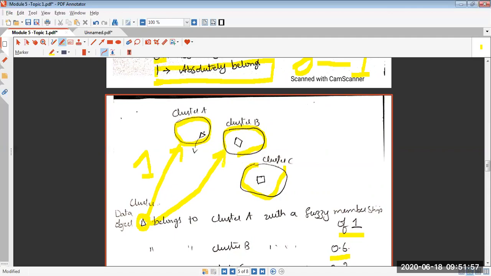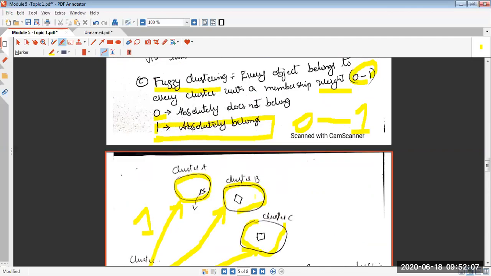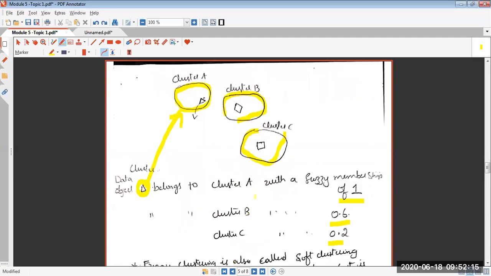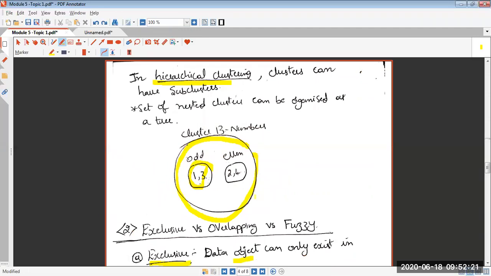The weight 0.6 means 60% similar to the objects in cluster B, and similarly for cluster C. So now you read the definitions, and things will be clear. So this was fuzzy clustering, a very interesting and popular approach in trying to create clusters for the data objects in question.